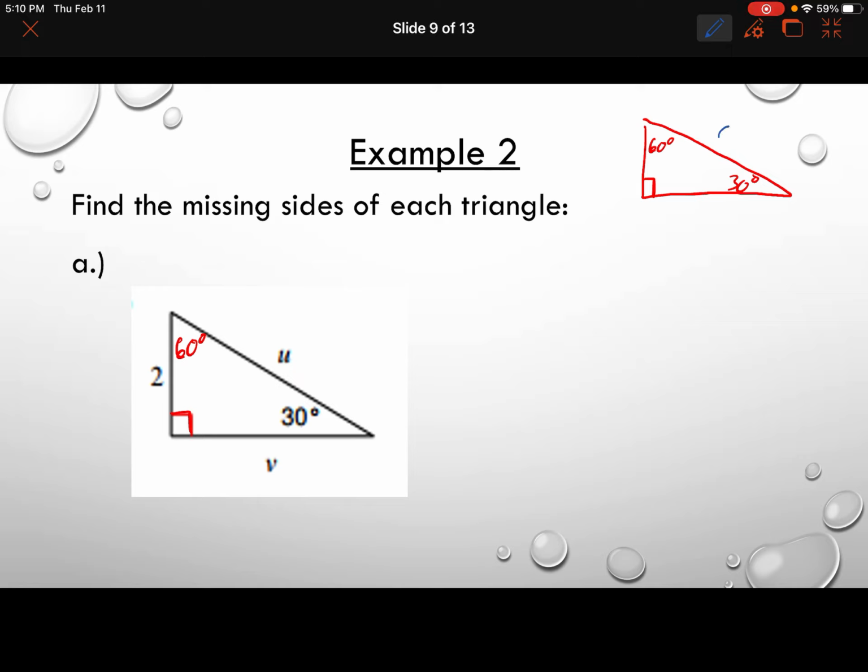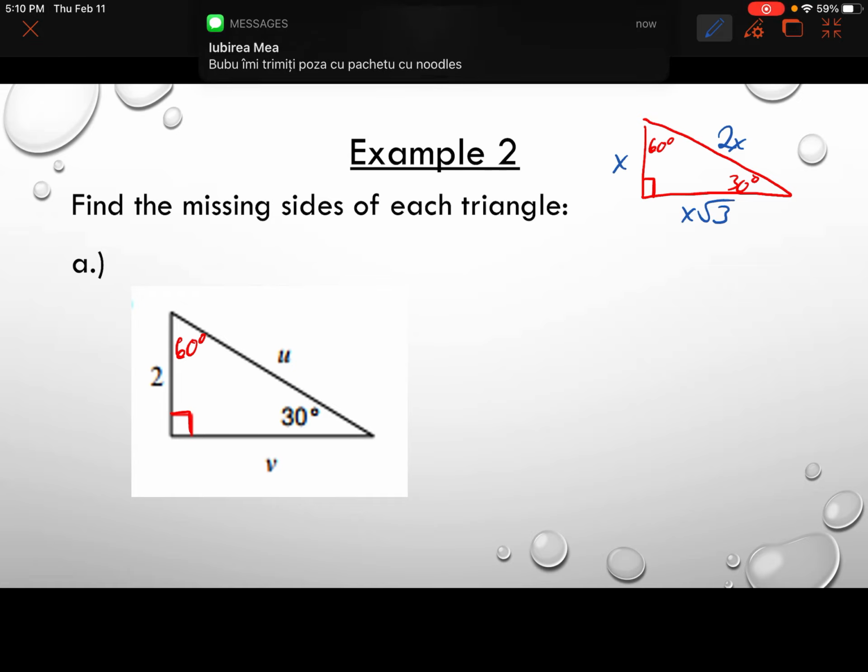The hypotenuse we label as 2x. The side adjacent to 60 degrees we label as x. And then the side adjacent to 30 degrees we label as x radical 3.